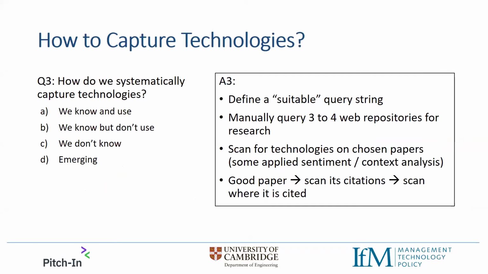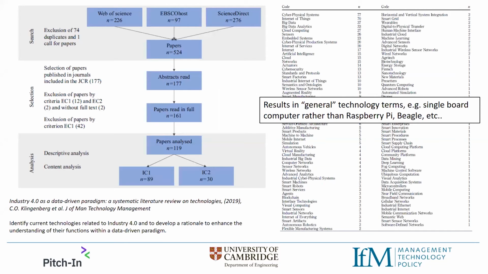One of the most well-known approaches, or that people generally use, is defining suitable query strings for browsing the internet, manually querying 3 to 4 web repositories for research or white papers, scanning the technologies appearing in those papers, and then reclassifying as they go through the scanning of citations of those papers. So this is an example of that that has been used for Industry 4.0 technologies.